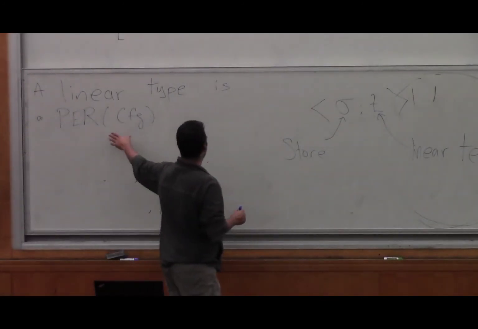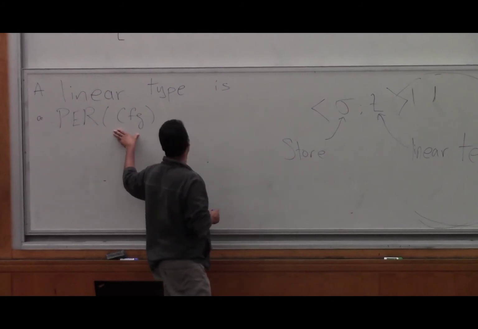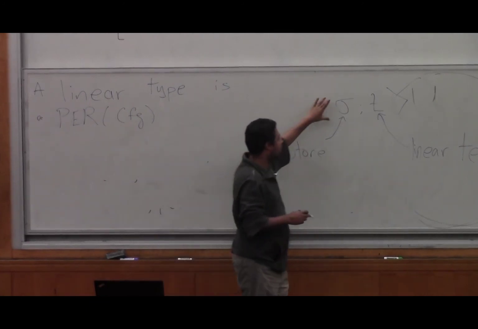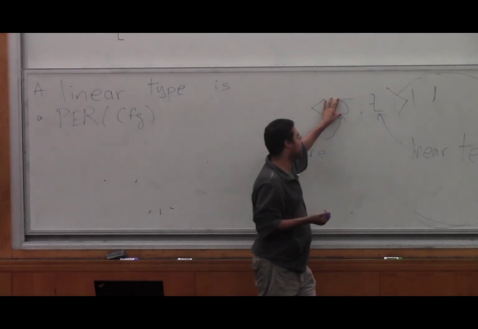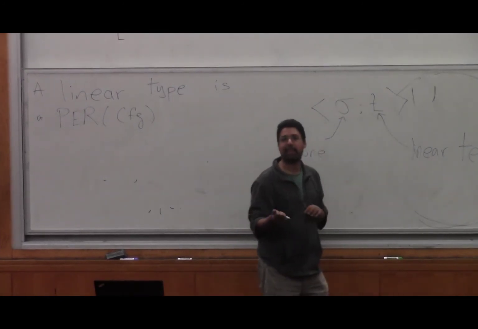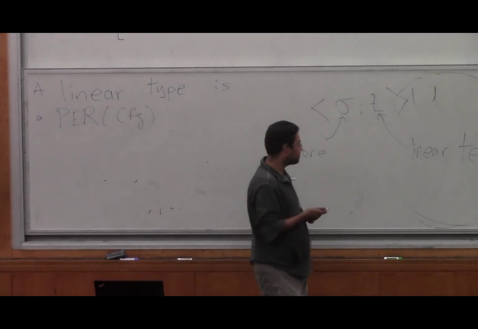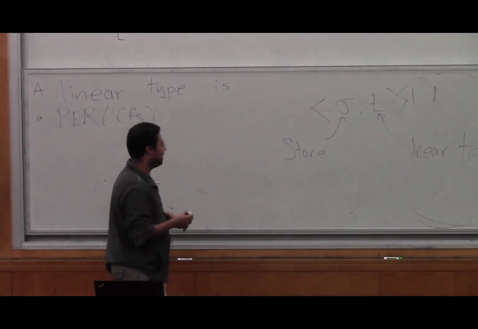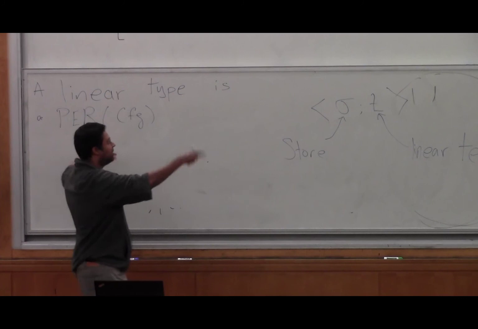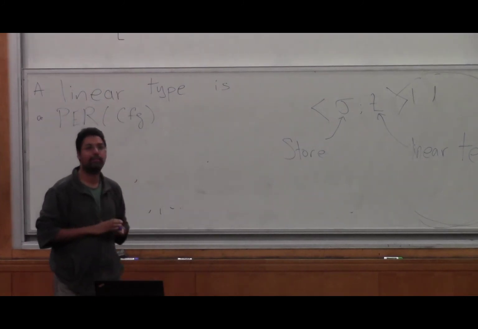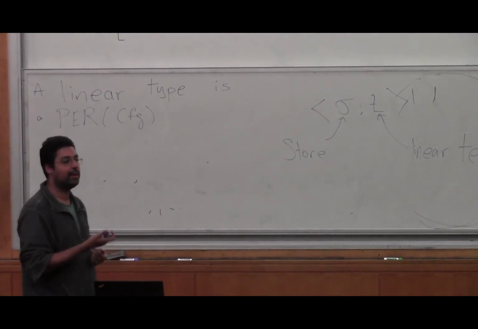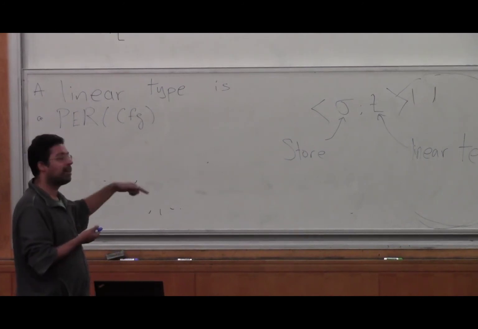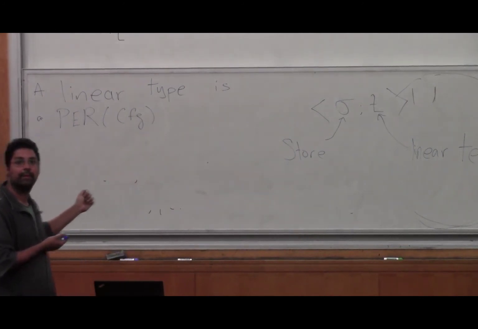So it's a partial equivalence relation on whole configurations, where sigma is the memory that this program owns, and t is its value. And so instead of having our semantic equivalence defined on terms, we're defining it on pairs of terms and the memory they own.